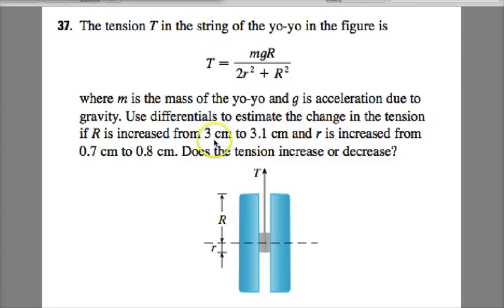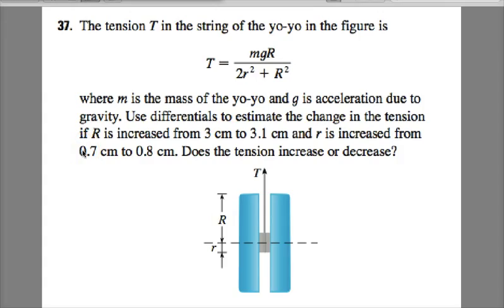And so we need to use differentials to estimate the change in the tension when big R, this big radius, is increased by 0.1 centimeters, and little r is increased by 0.1 centimeters. One important thing to remember here is that when we're calculating our partial derivatives, we want to calculate them again at the initial points.